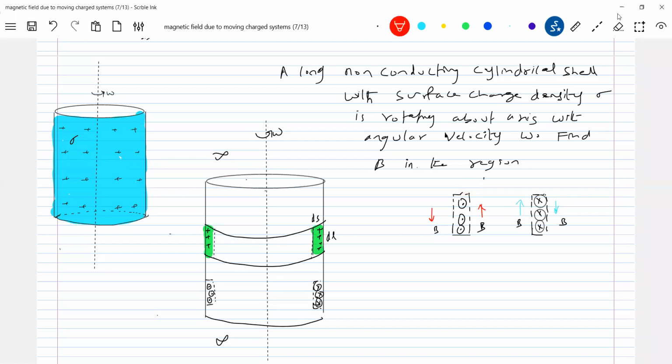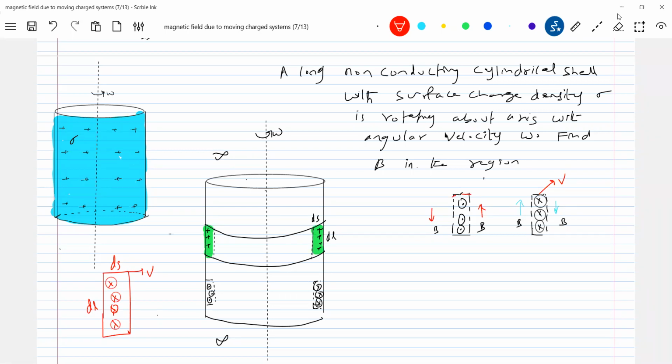The velocity vector will be in this direction. Let me keep it like this. I'll separately bring another sheet. So there's a sheet, anything you take, current. This is dl. This is s. This is v, no?